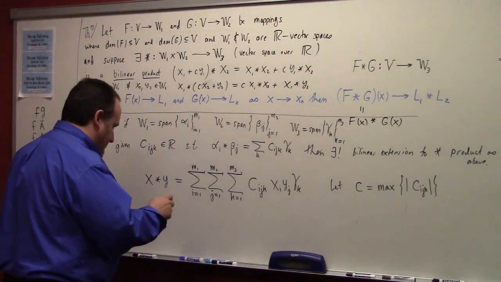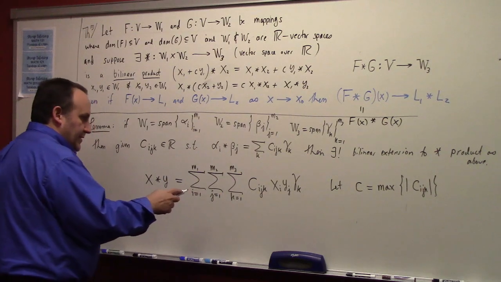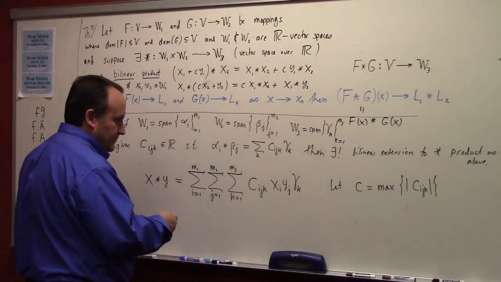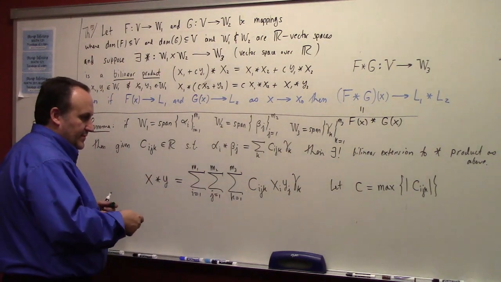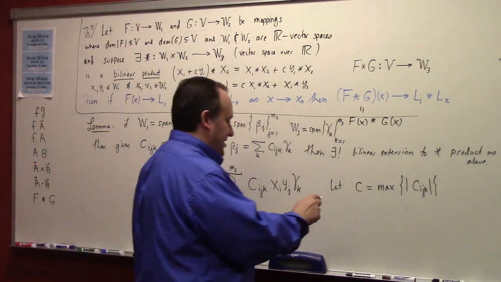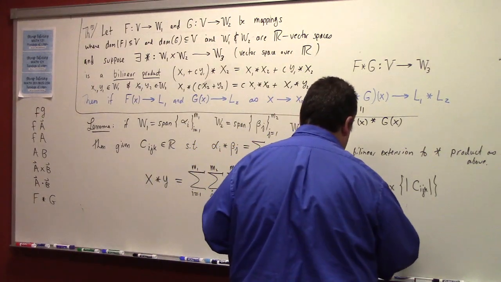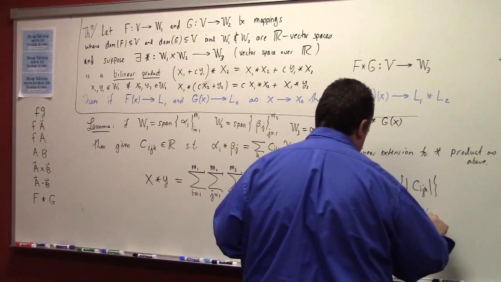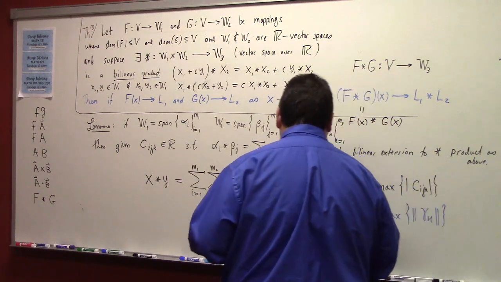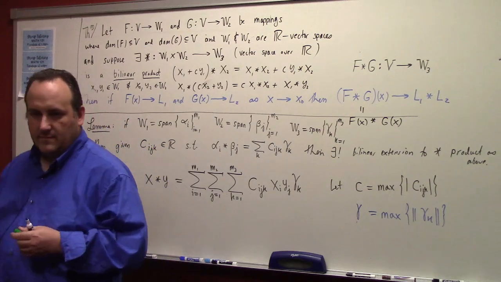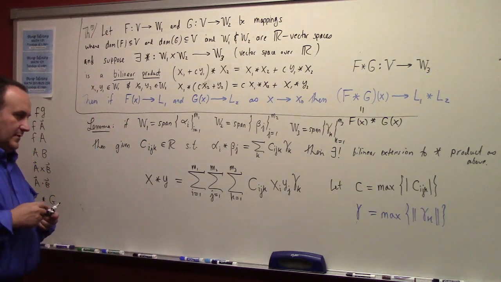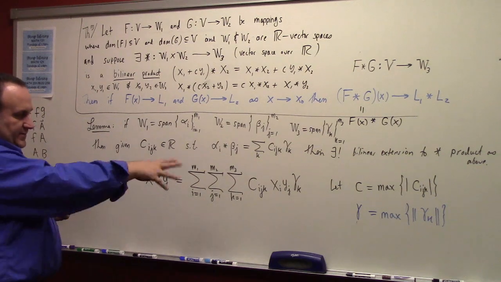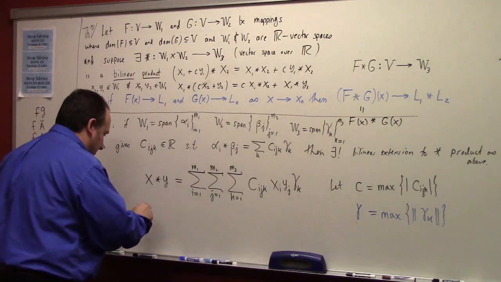So, I could define gamma to be the max of the norms of gamma_k. All right? And with those in place, I would have the following estimate, see?